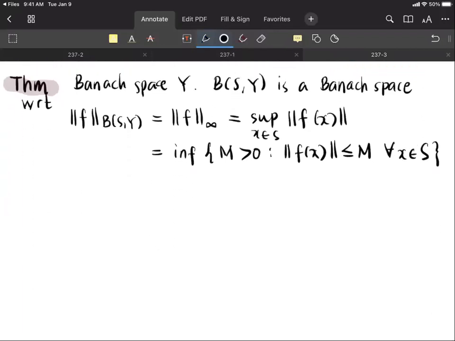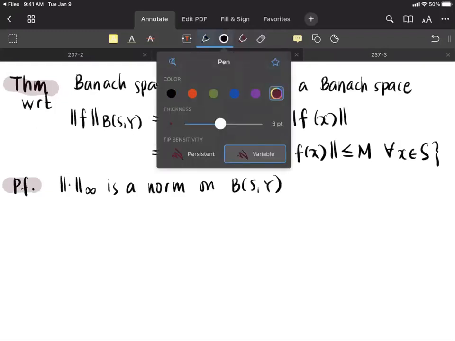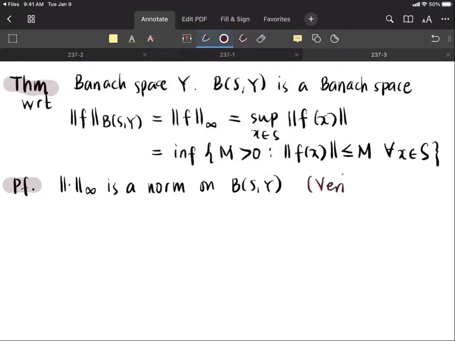So let us look at the proof. Now, you could easily check that this is indeed a norm on B(S,Y). I leave that to you as an exercise, so you verify this one.